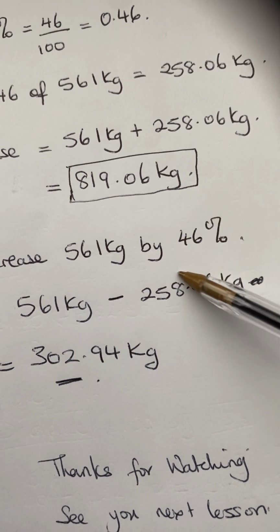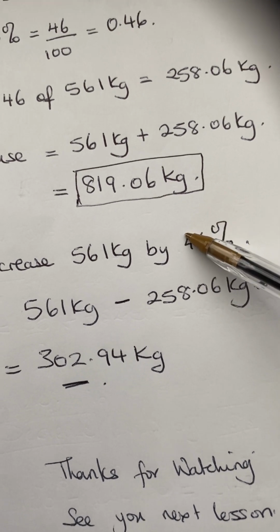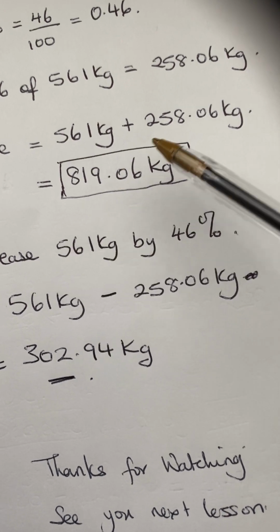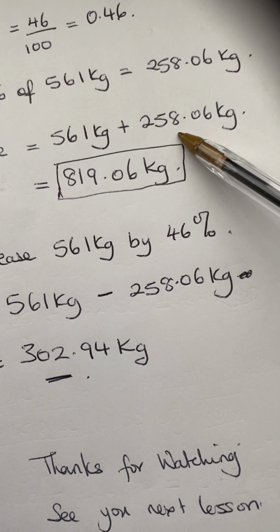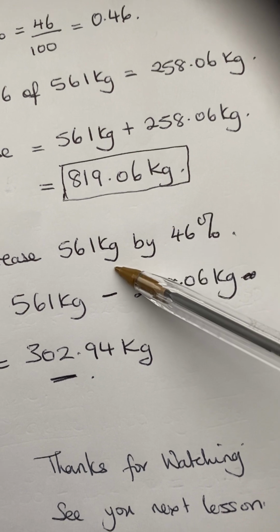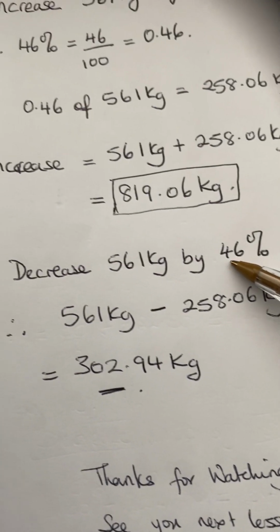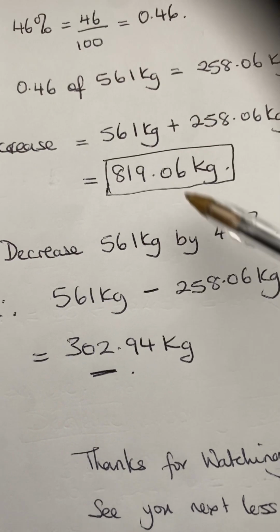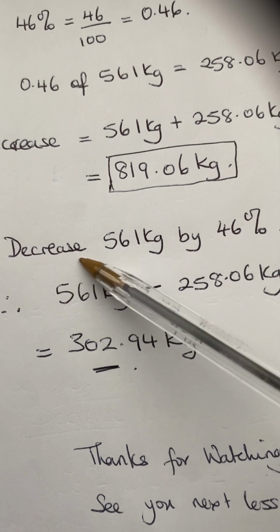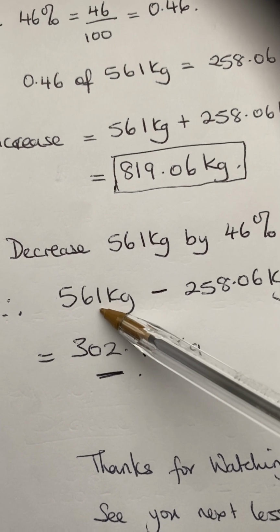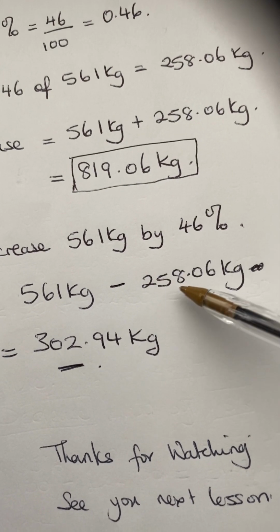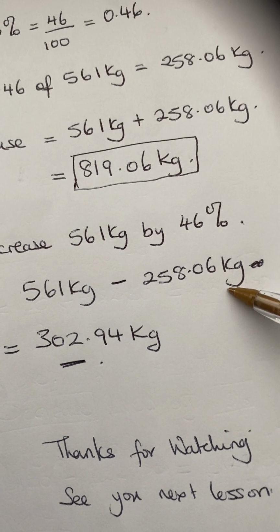Now look at 46%. It's close to 50%, so you should be getting an answer almost half of this. And 258.06 kilograms made a lot of sense here. We've already found the 46%, but this time we are supposed to decrease it. So 561 kilograms minus 258.06 kilograms.